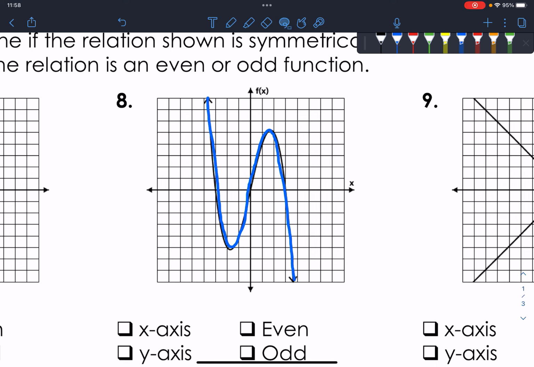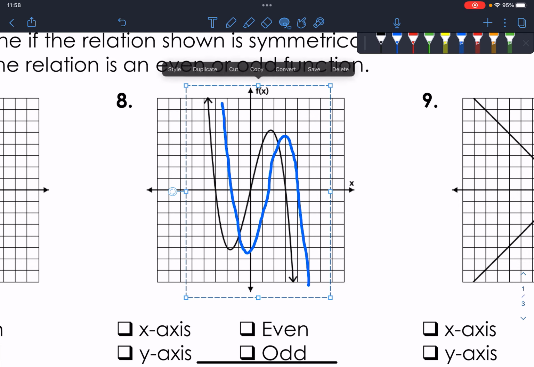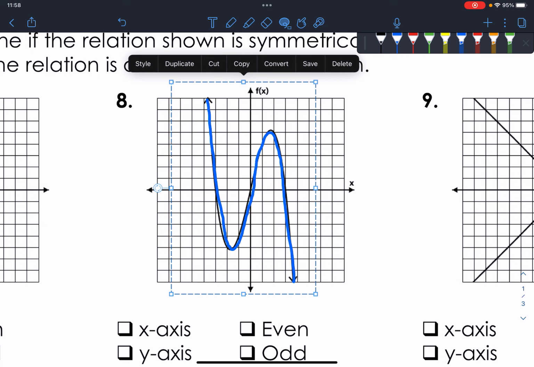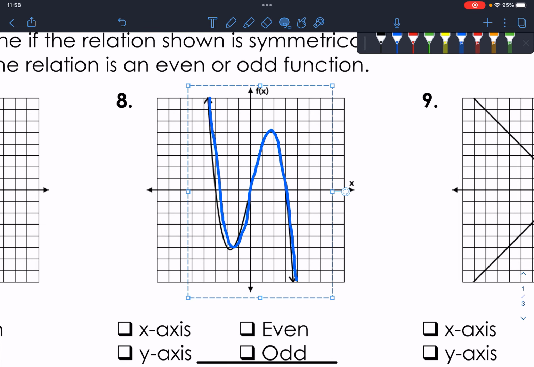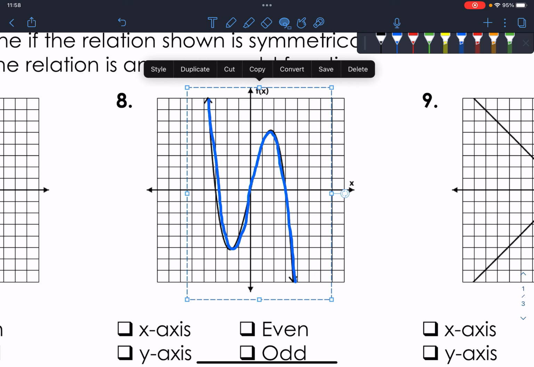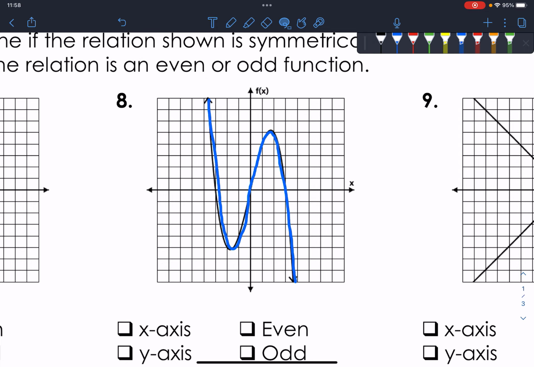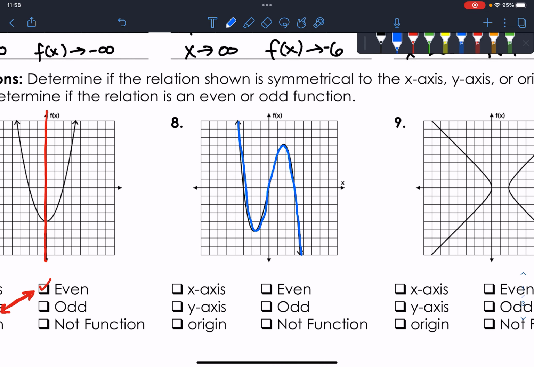And if I were to rotate this function upside down and line it up again, I would notice that the graph matches up exactly by rotating this 180 degrees. So if I rotate it 180 degrees and I can make it look the same, then it's symmetrical to the origin. So this graph is symmetrical through the origin, which implies that this is an odd function.